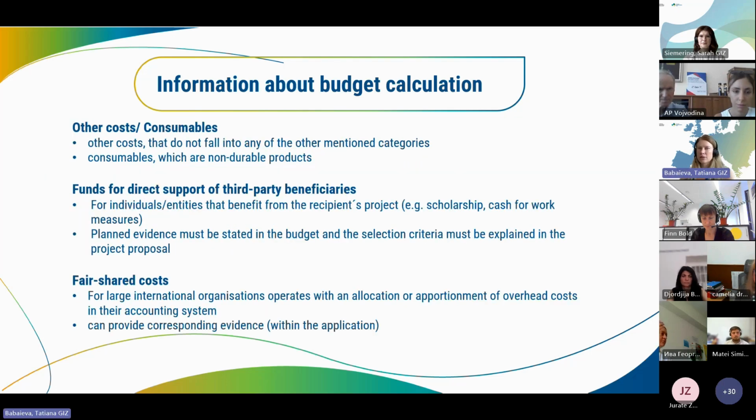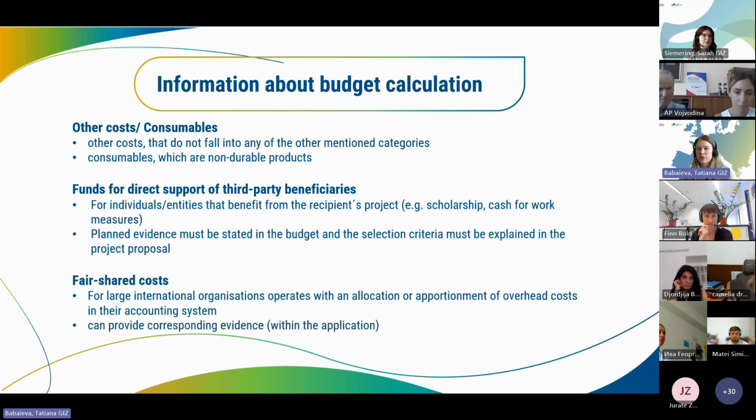Under other costs, consumables, please budget other costs for the project that do not fall into any of the other mentioned categories, or consumables which are non-durable products. In terms of third-party beneficiaries, this refers to individuals or entities that benefit from the recipient's project, for example scholarship recipients, beneficiaries of cash-for-work measures, or recipients of an implementing competition.